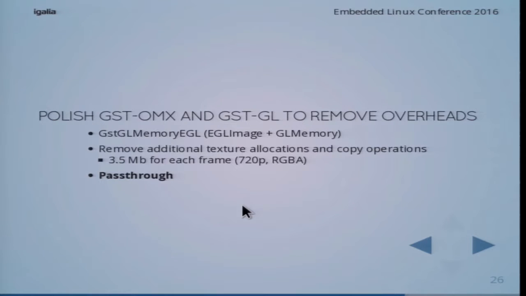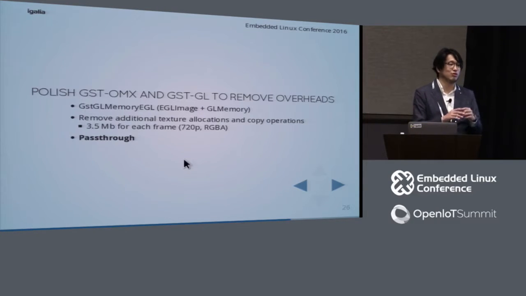To remove those overheads, we implemented EGL image memory. We created a GstGLMemoryEGL, which has the same interface as the GL memory, which is used in GstGL. So we implemented a new memory interface for GstGL and GST-OMX.